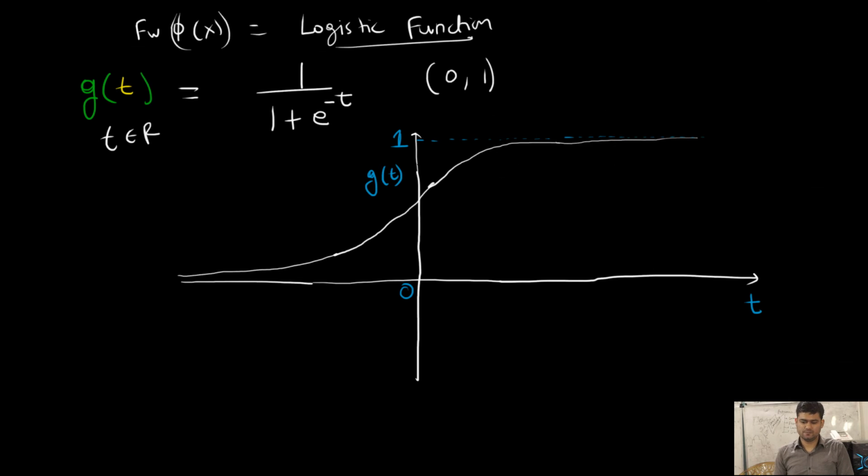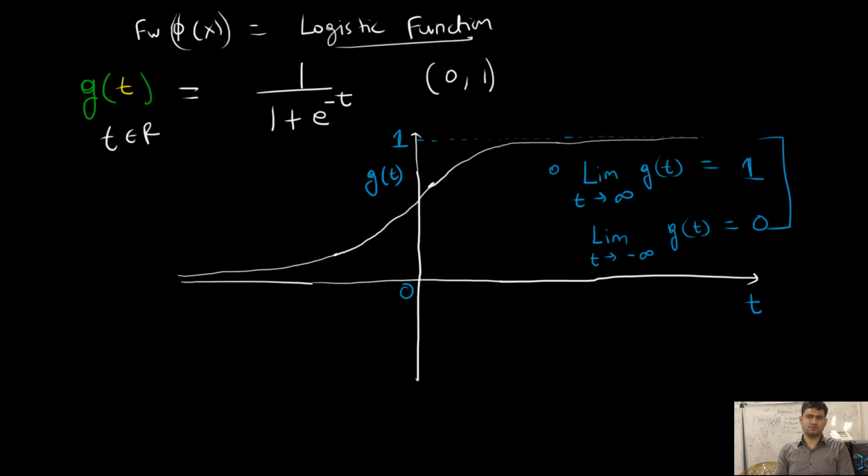So the limit of the function as t goes to infinity is 1, and as t approaches negative infinity, g of t is 0. So this function satisfies the constraint.